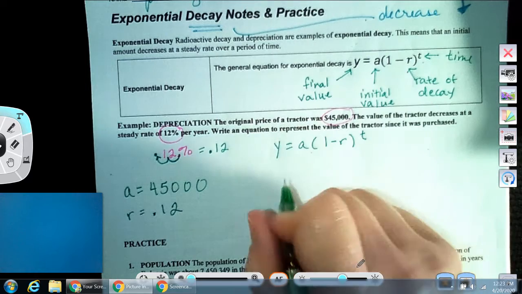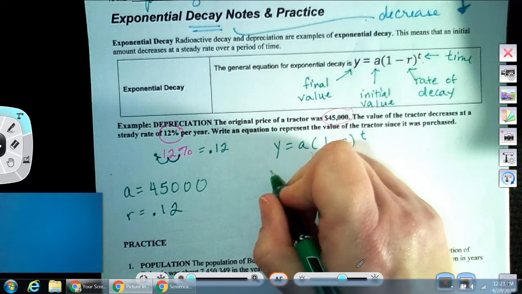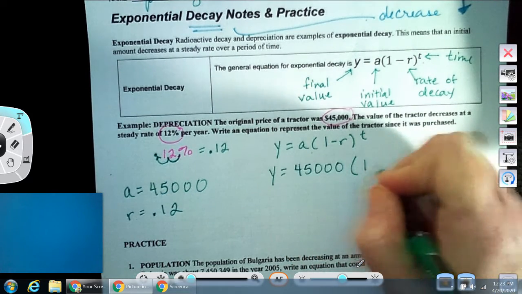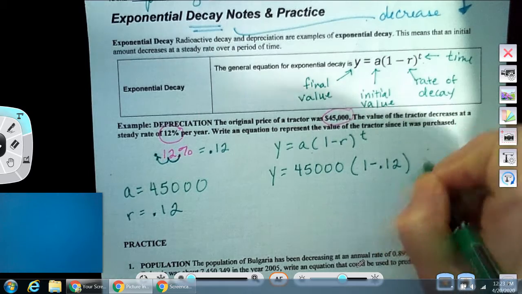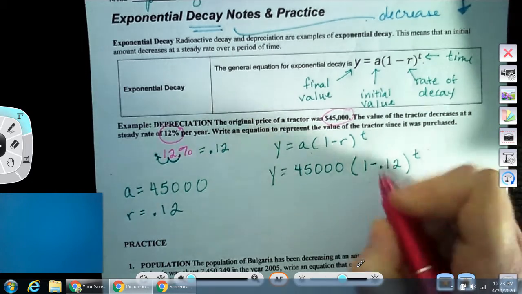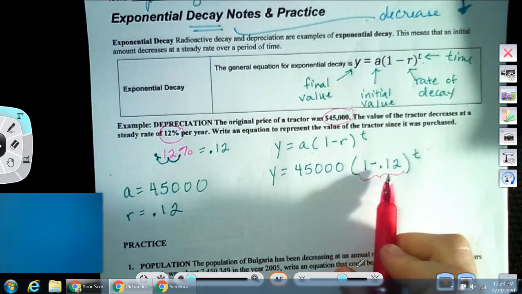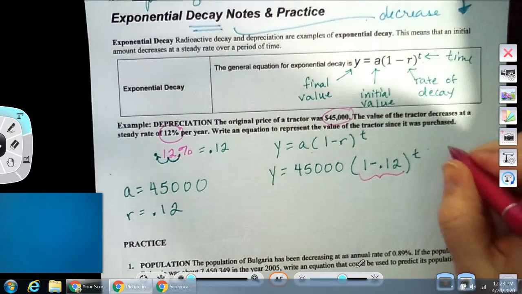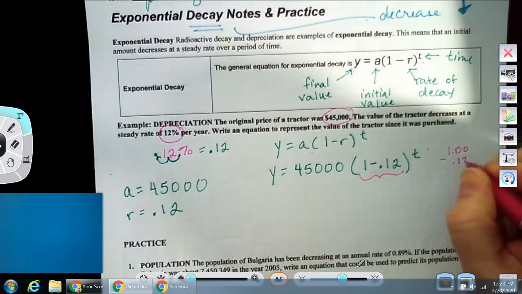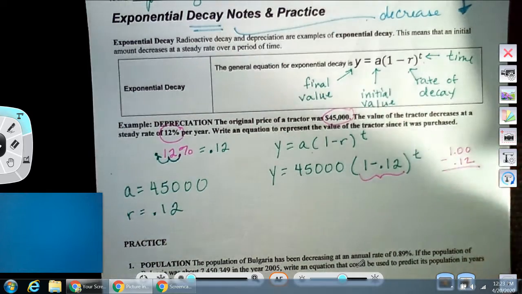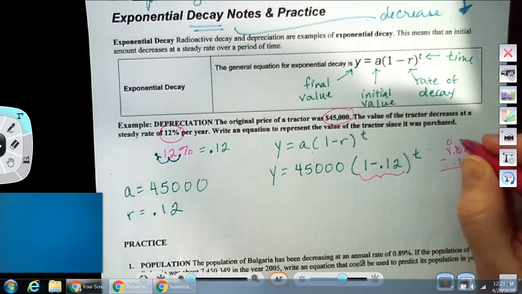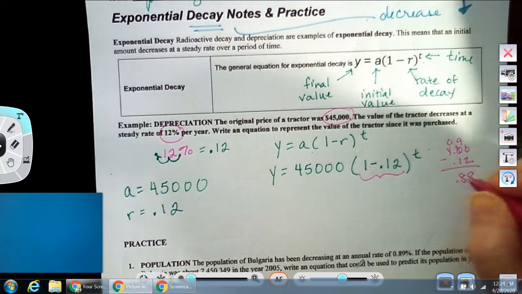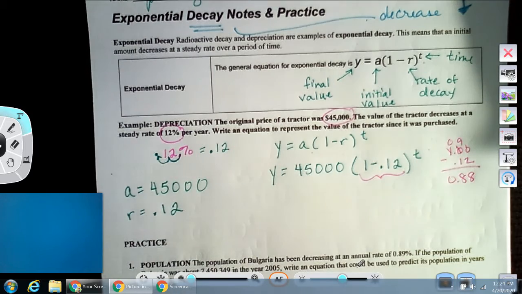So we're going to plug those into our general equation, and we get y equals 45,000 times 1 minus 0.12 to the t. And now when we simplify, this is where it's different than a growth function. 1 minus 0.12, and I know you guys will use a calculator or just do it in your head, gives us 0.88.